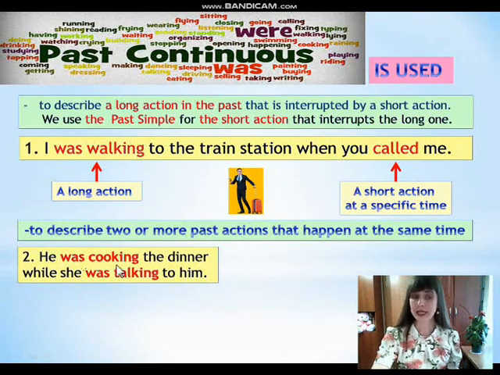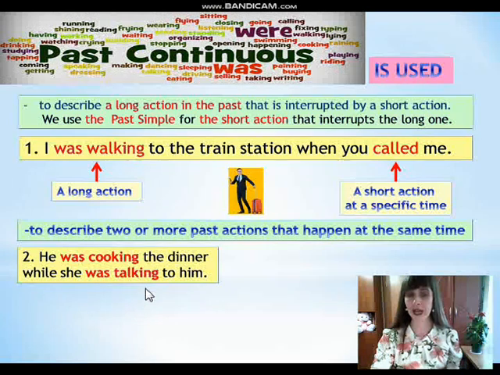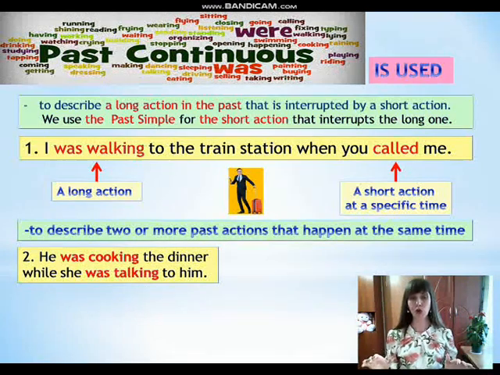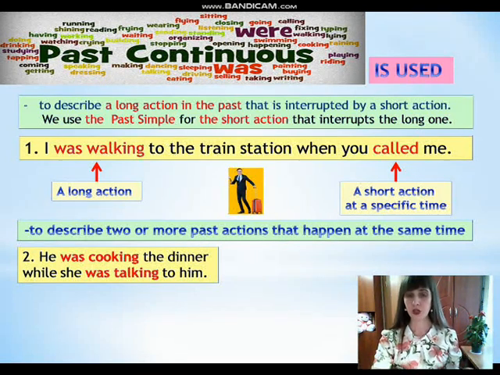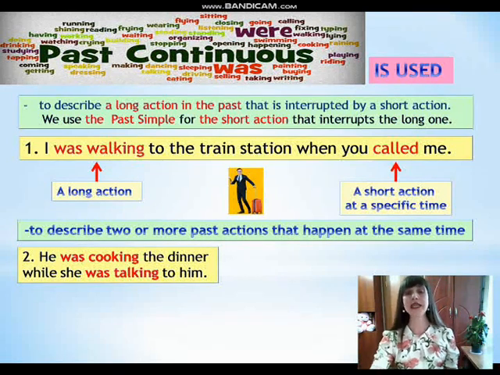For example, he was cooking the dinner while she was talking to him. Let's have a look. We have two long actions. He was cooking, a long action. And was talking is also a long action. So both these actions have the same length. You know, long is an adjective, and length is a noun. Okay?